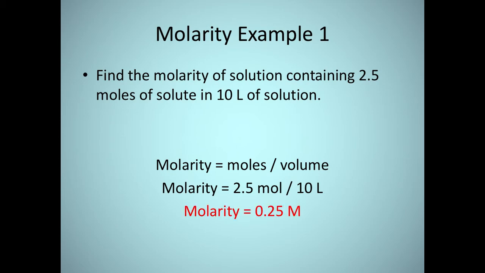And when we put that in our calculator, we get the molarity as 0.25 M. Okay, 0.25 molar. Remember that capital M is our symbol for molarity, our concentration, 0.25 molar. Okay, always with problems like this, identify what you know and identify what you're trying to find.